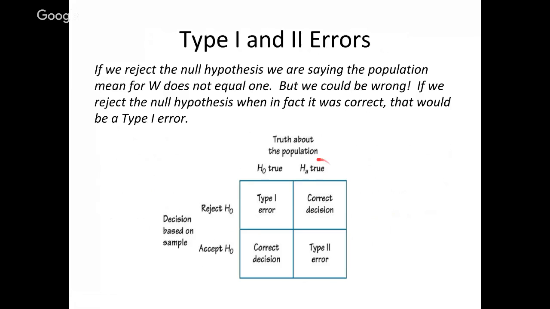Alternatively, it could be that the null hypothesis is not true, which means the alternative hypothesis is true, but we accepted the null hypothesis, again because of randomness in our test statistic, and that would be a type 2 error. So these are 2 different types of errors. The typical approach is to specify the type 1 error, the probability that we reject the null hypothesis when in fact it's true.